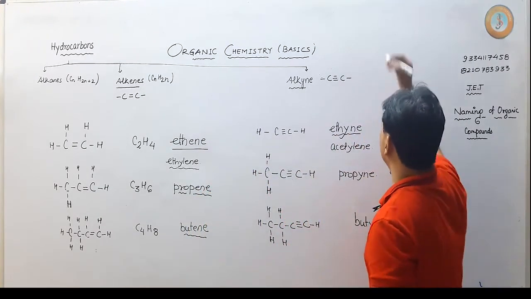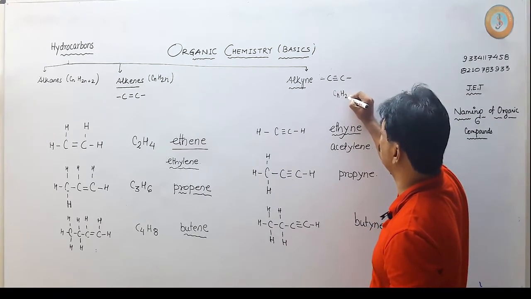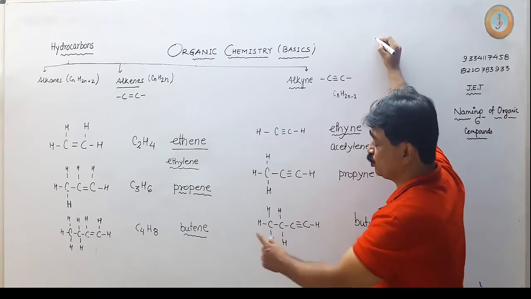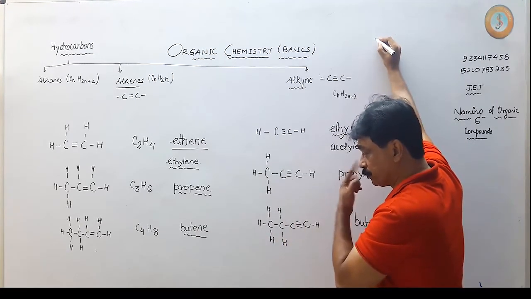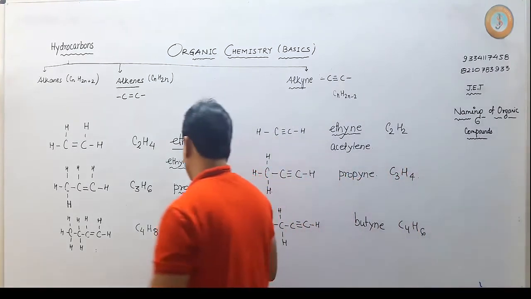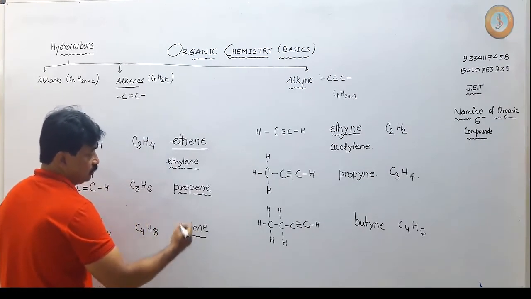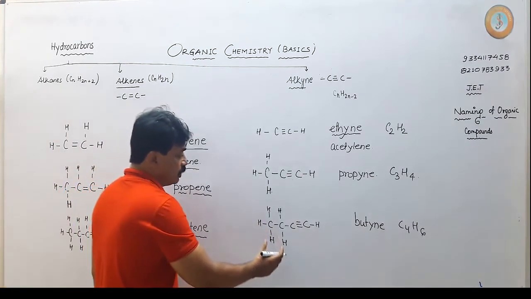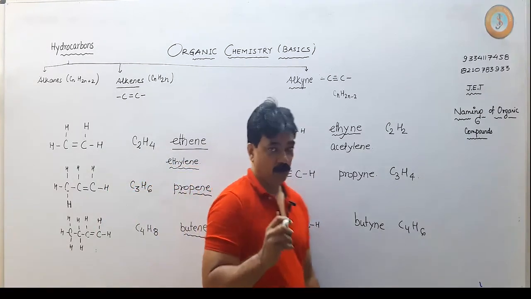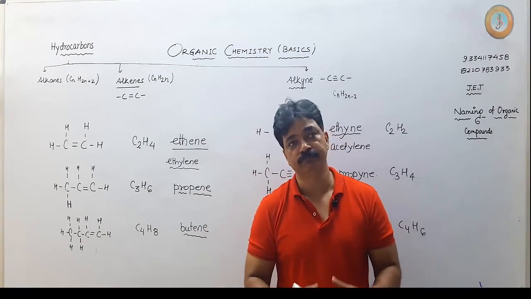So we can write down the general formula CnH2n minus 2. Now your work will be from butene you complete till decene. That means for alkene you have to complete it till decene. You write down pentene, hexene, heptene, and similarly for YNE you write down pentyne, hexyne, octyne.